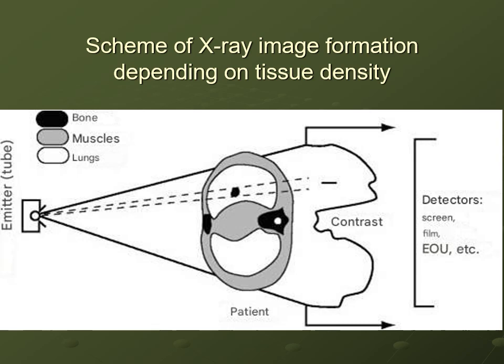In addition, we also need to register X-ray radiation that has passed through the tissues of the body, and for this we use such properties as the illumination of the emulsion, the photochemical effect of X-ray radiation. We also use the property of X-rays to cause luminescence of a number of substances.